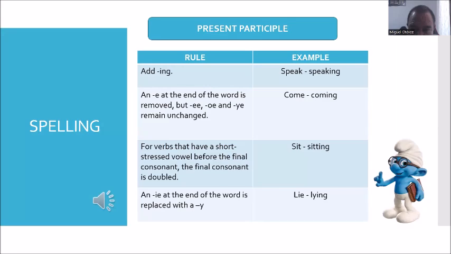Coming. For verbs that have a short stressed vowel before the final consonant, the final consonant is doubled. Sit, sitting. And IE at the end of the word is replaced with a Y. Like, lying.